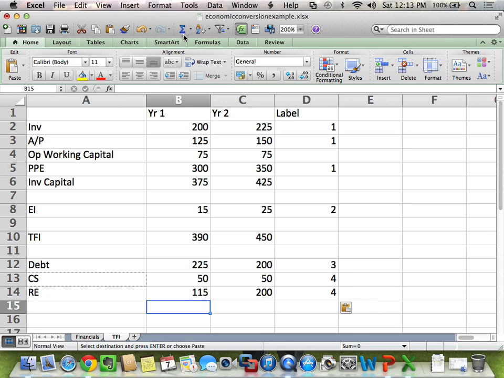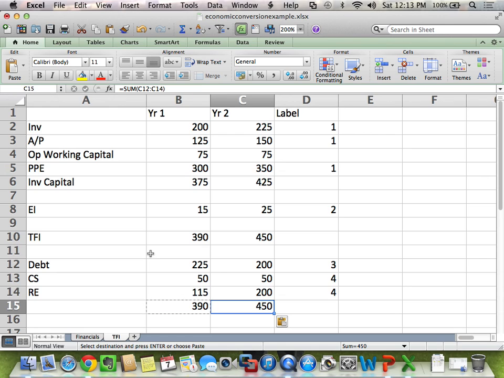And if I sum these up, notice the balancing. So in every assignment this semester, you will have to show a balanced set of equations. You will have to show that your TFIs add up. And if they don't, you do not have a correct answer.